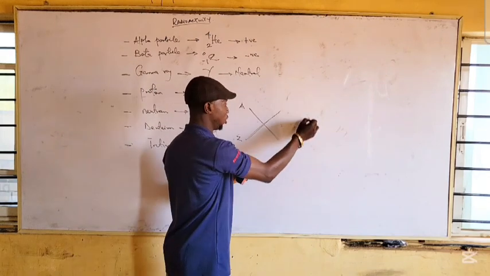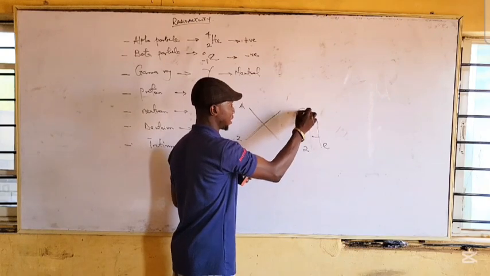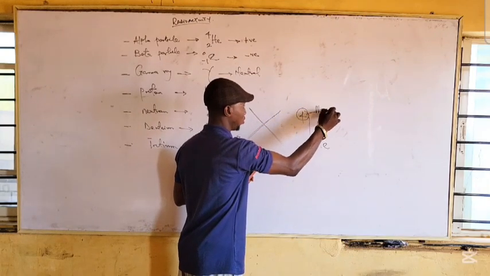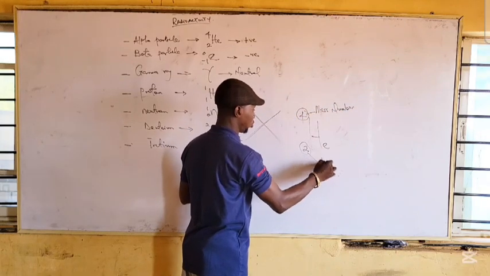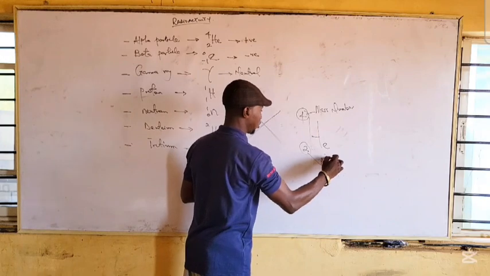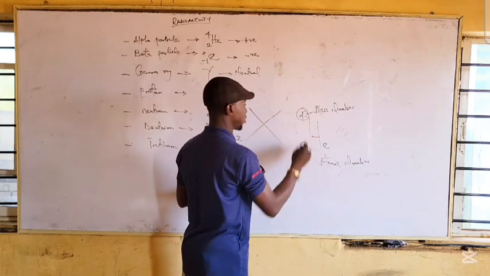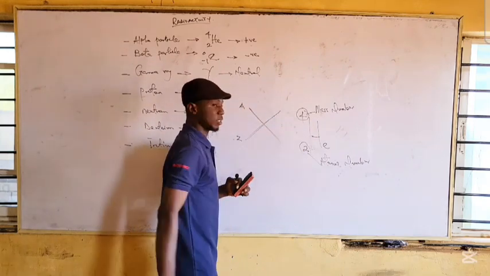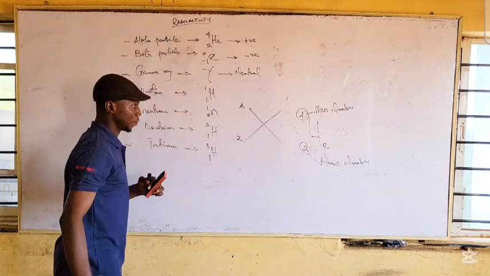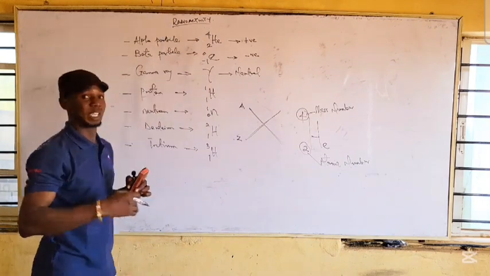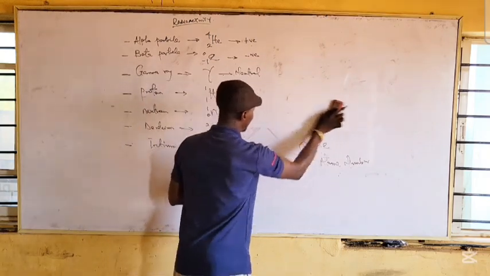So if you have He, 4, 2, like that of helium, it means helium has a mass number of 4 and an atomic number of 2. So the superscript represents mass number, while the subscript represents atomic number. So that is what all these mean. These are the radiations that can be emitted during radioactivity.